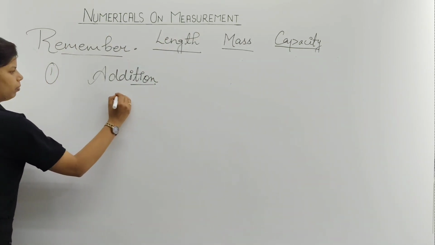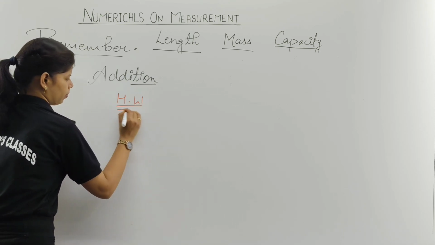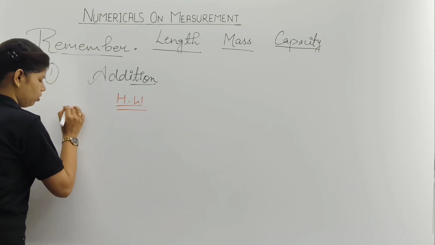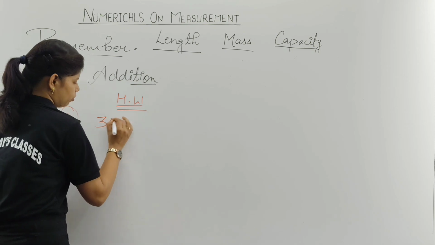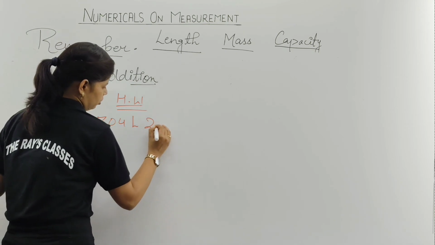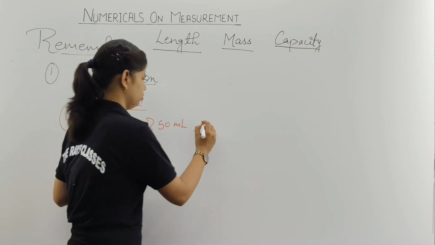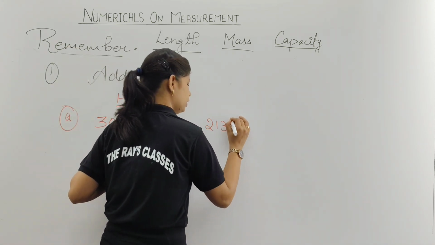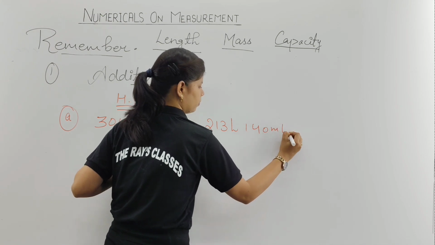First, again I am writing homework. A will be your, please note it down. I think you have erased. Note it down on the first page. 304 liter, 250 milliliter. Other will be your 213 liter, 140 milliliter.